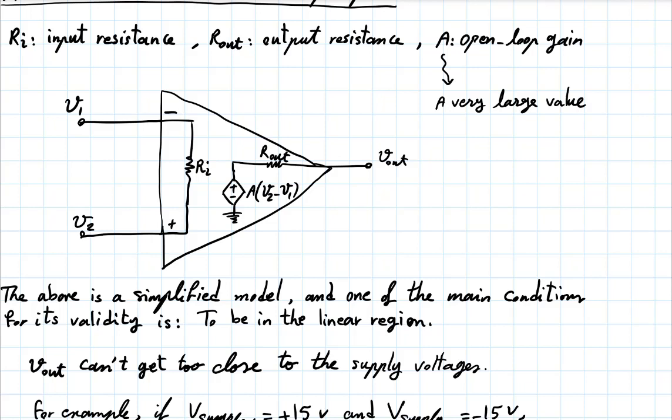If you connect your output to something else, there's going to be a current that goes through, right? And depending on the resistance of that other thing, you will have a voltage division between that resistance and this R out. And so if you have a large R out, it will take a big chunk of this A times (V2 minus V1). That's not what you want. You want to get all of it at the output, or most of it anyway, right? So you want a small output resistance.